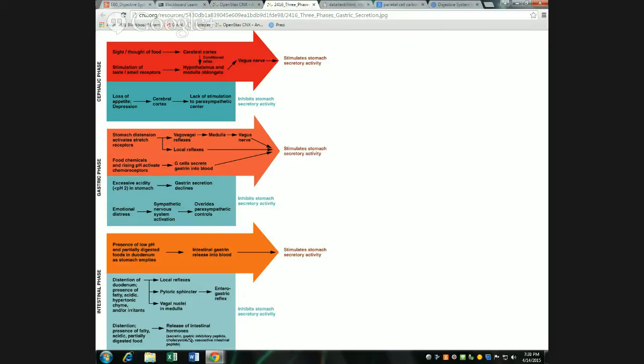There's secretin, GIP, which stands for gastric inhibitory peptide, cholecystokinin, which we usually abbreviate CCK, and then vasoactive intestinal peptide, which we abbreviate VIP. So secretin, GIP, CCK, and VIP are hormones that are released by the intestines that can have an effect inhibiting gastric activity.